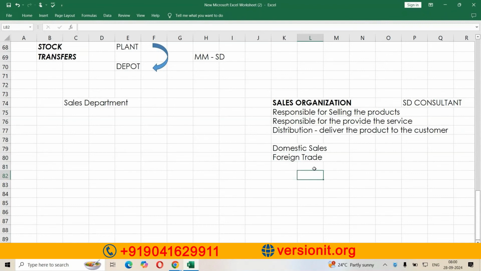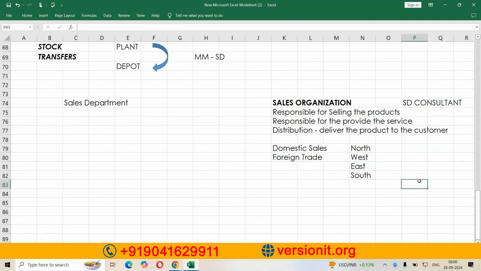So in India, I have two sales orgs: one takes care of the entire sales process in India, and another takes care of foreign trade. Or, second way, I divide the total sales in India into four zones: North Zone, West Zone, East Zone, and South Zone. Based on the zones, I can maintain multiple sales organizations, each covering that particular geographical location only.